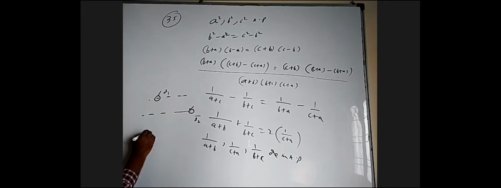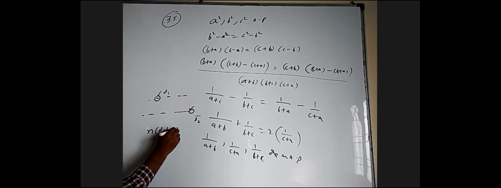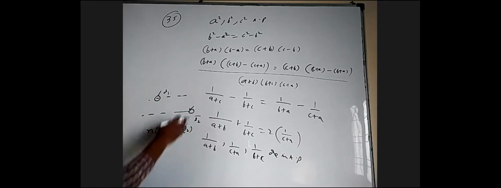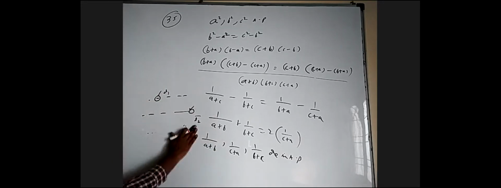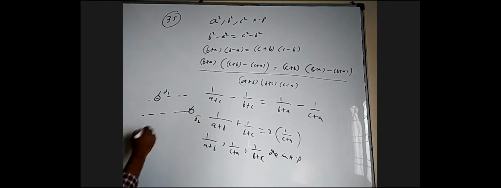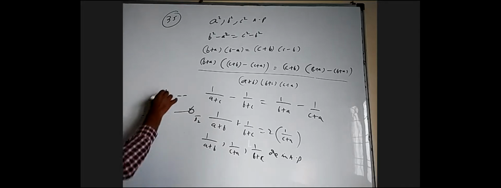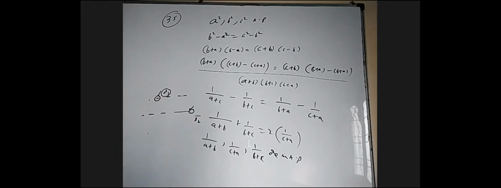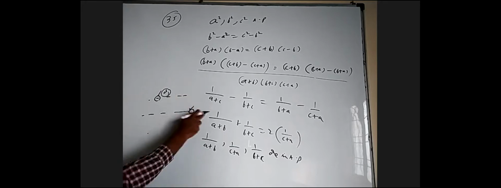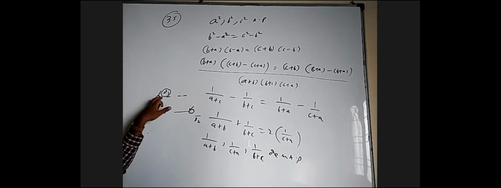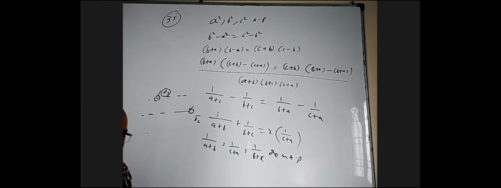So some n into d1 should be the same as some m into d2, right? If you take the LCM of these two, any multiple of it that you add, you will get a term in this, and in this as well. If those two terms are the same and you subtract from them, the difference here should be a multiple of d1 and the difference there should be a multiple of d2, and they should be same. So that should be a common multiple of d1 and d2, which is the least common multiple.